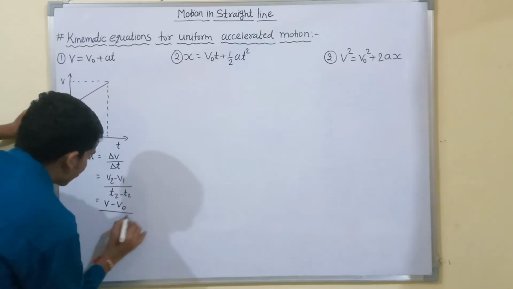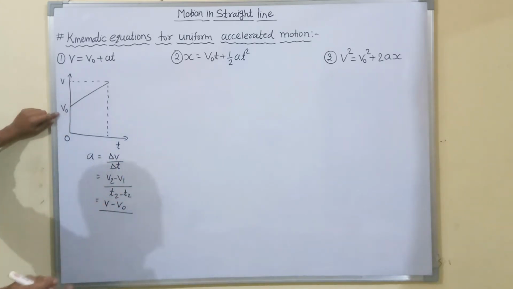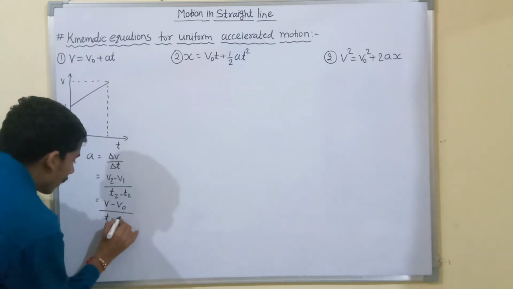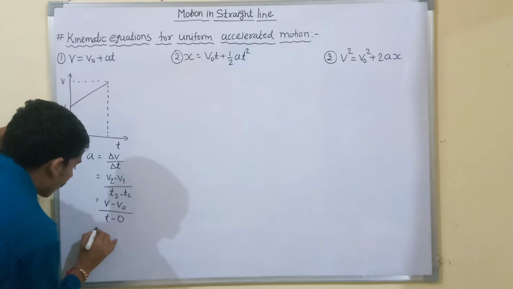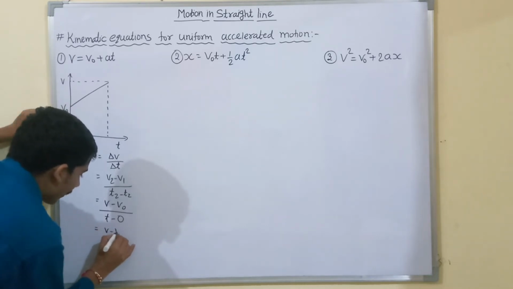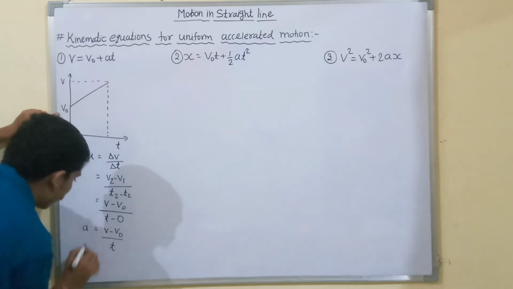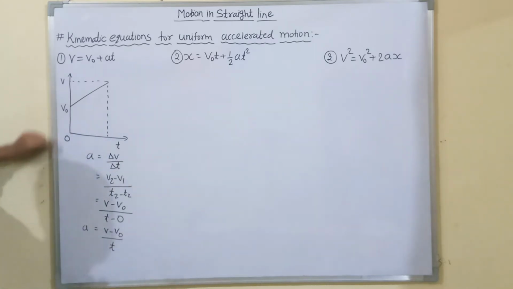So it is v minus v0 divided by t2 minus t1. t2 is t and t1, the initial value of time, is 0. Therefore our equation is a equals v minus v0 by t.